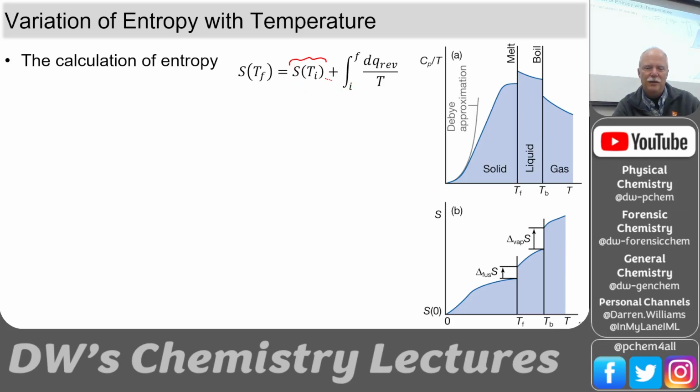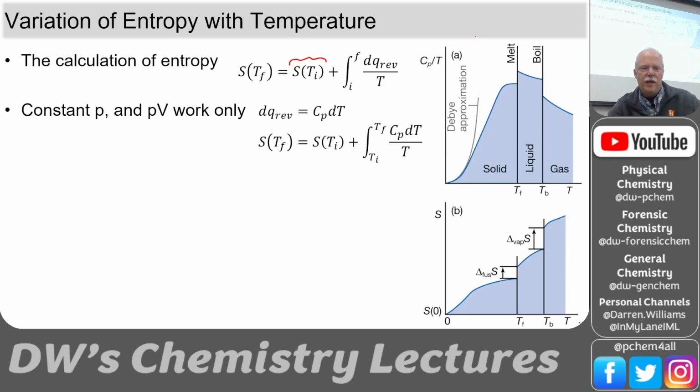So we start out with the initial entropy at initial temperature, and then we can integrate the heat going into the system and calculate the entropy as we go up in temperature. If there's constant P and PV work only, so we're using a constant pressure situation, we have the heat capacity at constant pressure substituted in for Q, and delta T there.